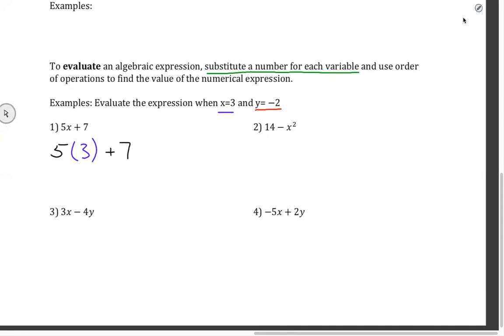Is everybody okay with where I got 5 times 3 plus 7 from? I'll take that as a yes. And now I just simplify this. So, Alice, what is 5 times 3 plus 7?